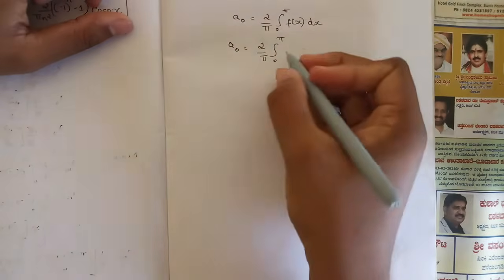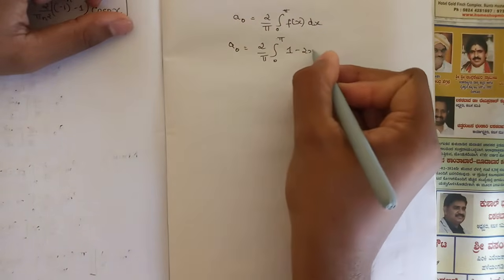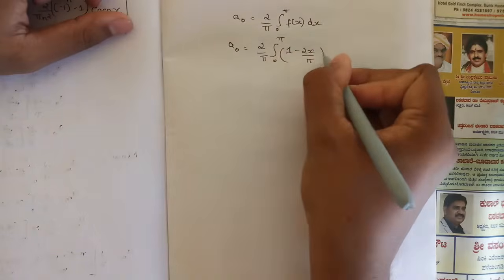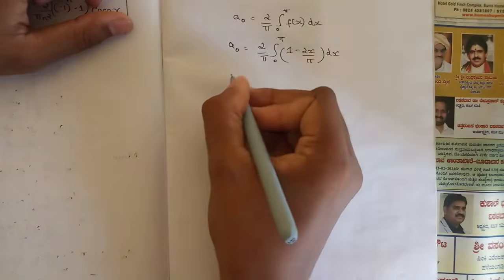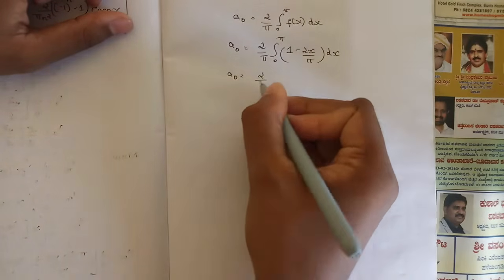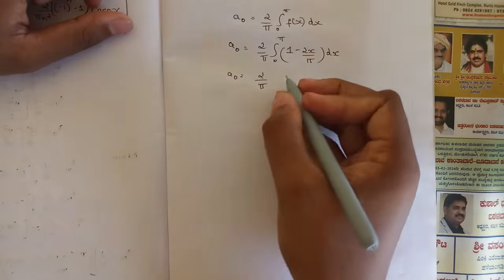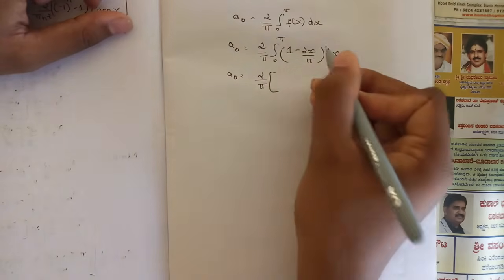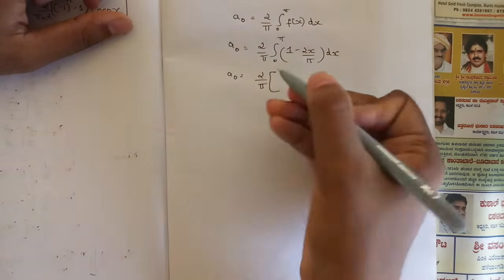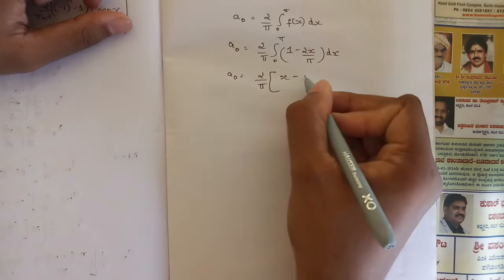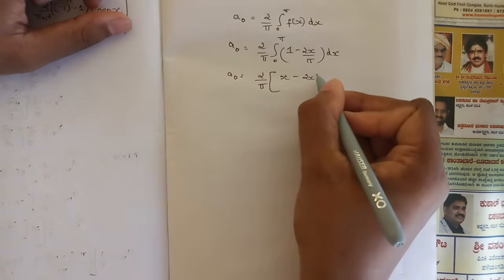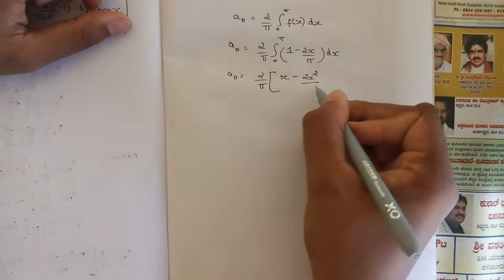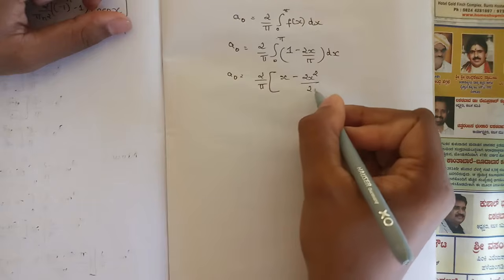Let's substitute f of x, 1 minus 2x by pi, dx. 2 by pi into the integration of 1 dx, which is x, minus 2x square by 2 pi.